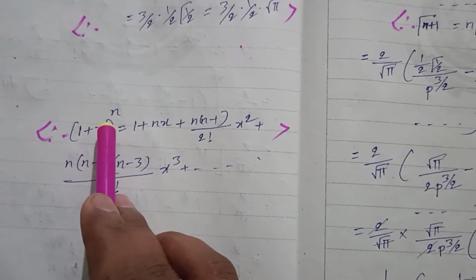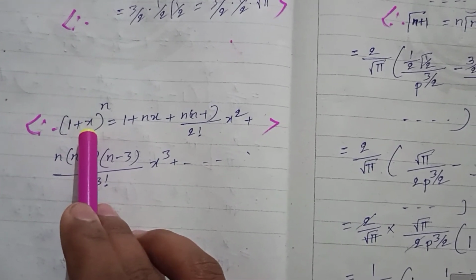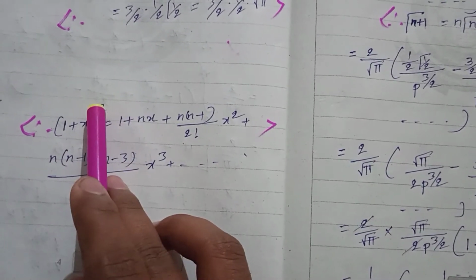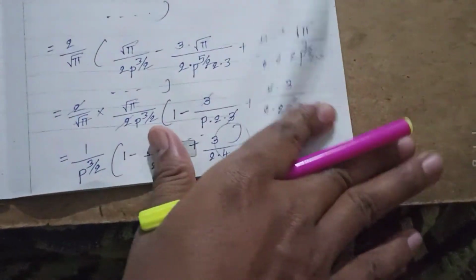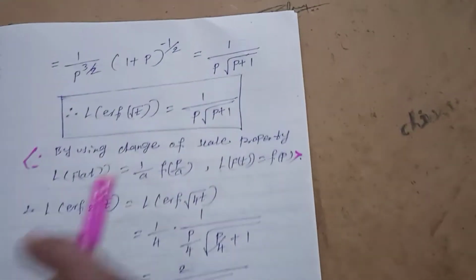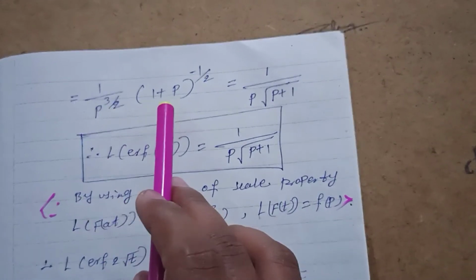So we can write it as 1 plus 1 by p, because x is 1 by p, to the power of minus 1 by 2, since n is minus 1 by 2. I am writing it the same as it is.